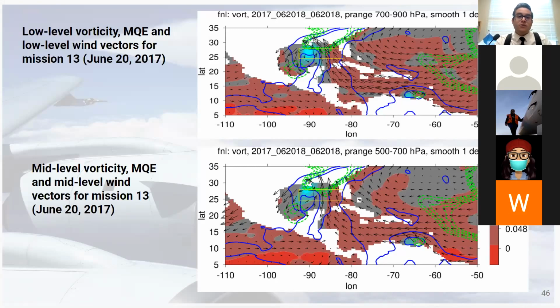This at the top is for mission 13, June 2017. And this is the mid-level vorticity for the same day, the day before the clear circulation center of Cindy. We see here that the low-level and the mid-level vorticity structures are a bit tilted. They are not very much vertically aligned with each other.